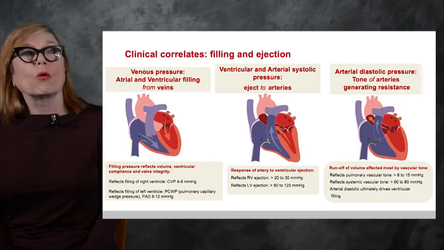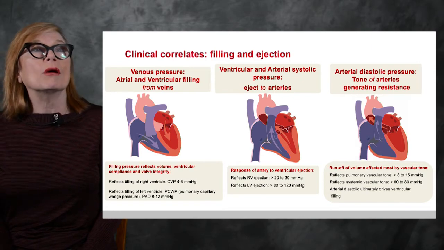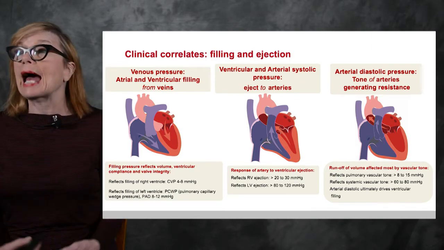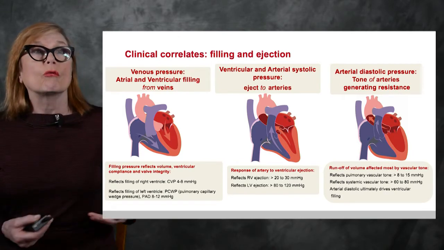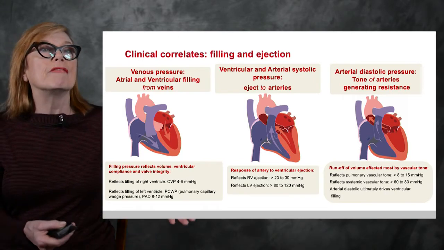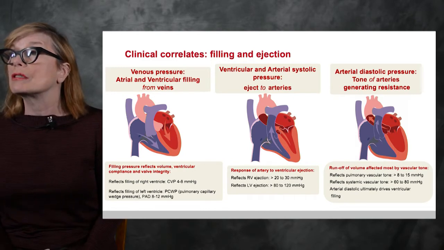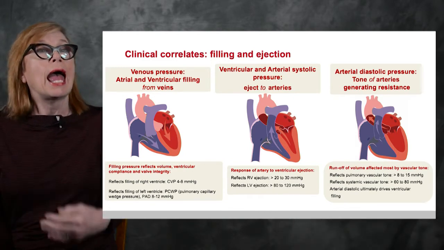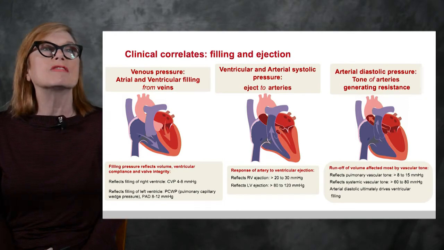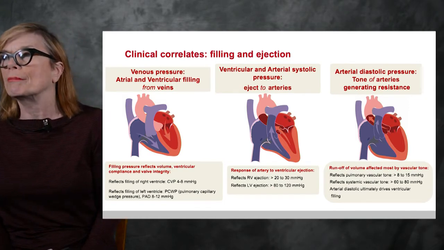So clinical correlates for us, let's remember, venous pressure means that it's atrial and ventricular filling and compliance related to filling from the veins. So we talk about central venous pressure as a reflection of the right ventricular filling, and normal CVP is 4 to 8 millimeters of mercury.